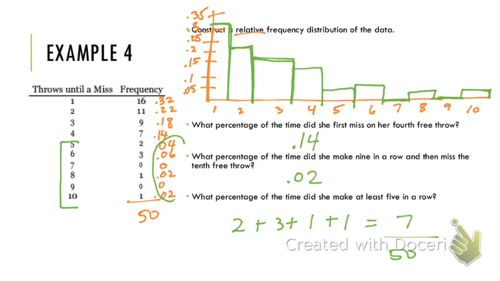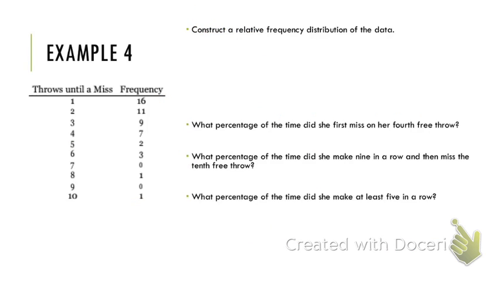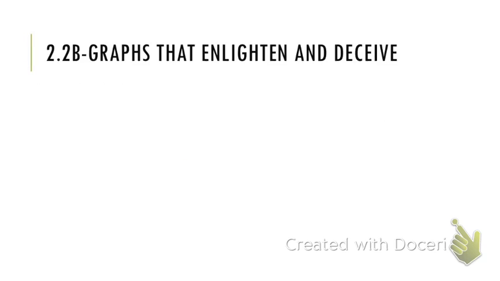Or you can add these up too and get 0.14. Either way you do it, doesn't matter. Add up 5 through 10, because that's where she said at least 5.